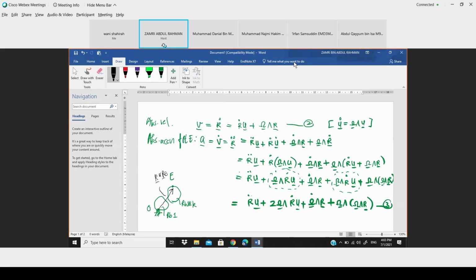It is understood because the only point that we are analyzing is point E, so no need to write the subscript E here. Unless, as I said, if you have many different points to deal with, then of course it is wise to use the subscript to differentiate which point of reference we are talking about.